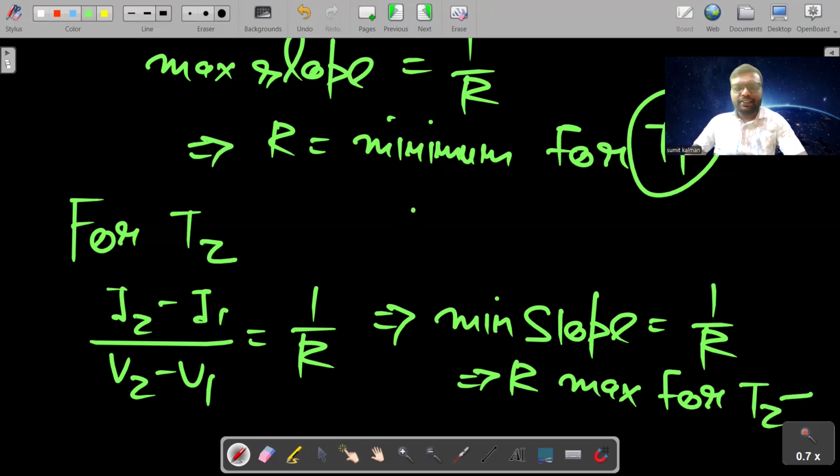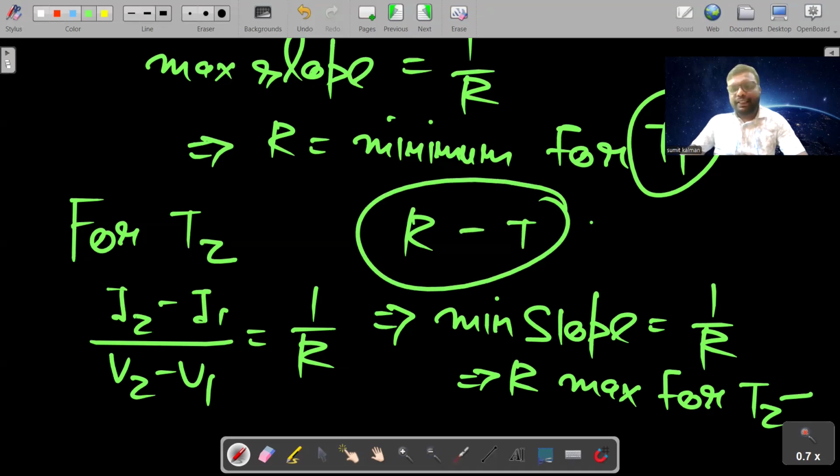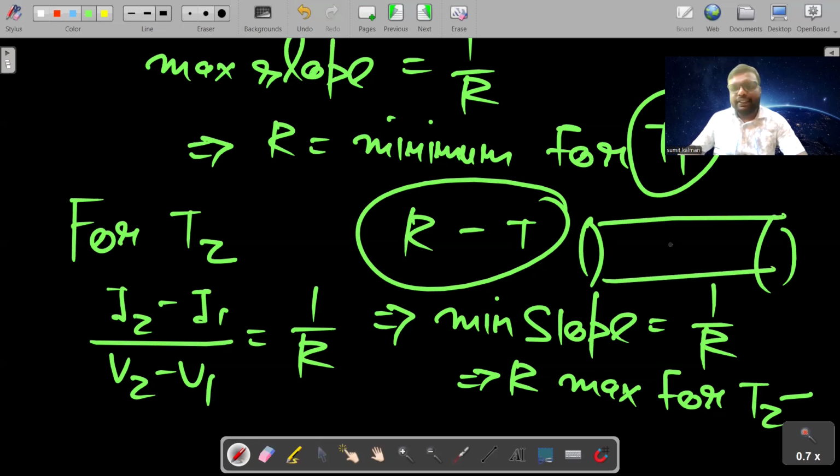And students, resistance directly depends on temperature. If in a conductor we increase temperature, then what will happen? The metal ions will vibrate more rapidly around their mean position, and the collision of electrons with metal ions will increase. So resistance will increase.